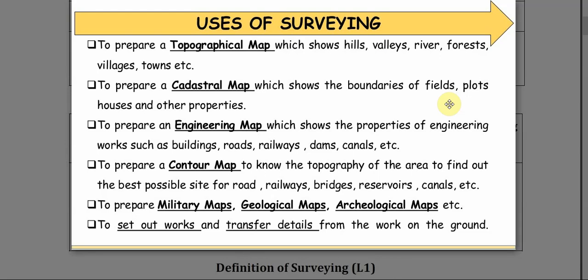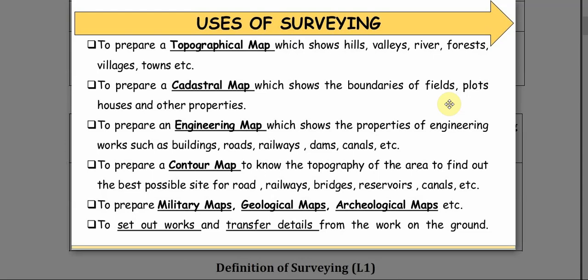To set out works, meaning, one example is, let's say we're constructing a very big, very huge building, and it has lots of columns or foundations.